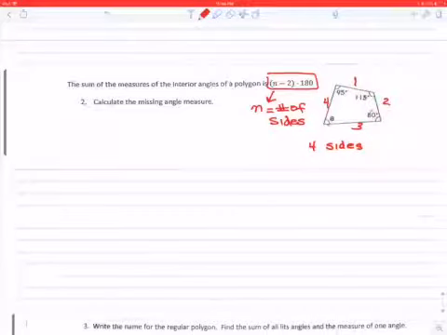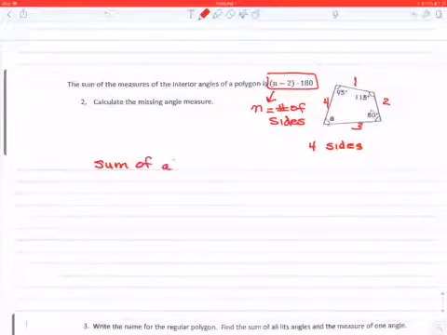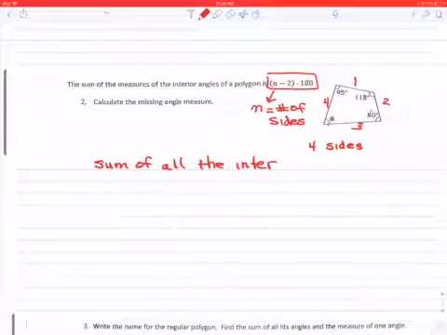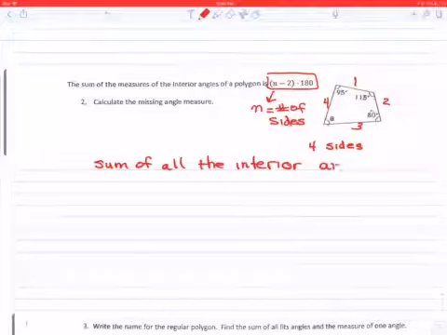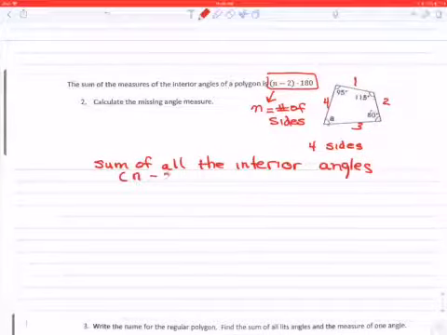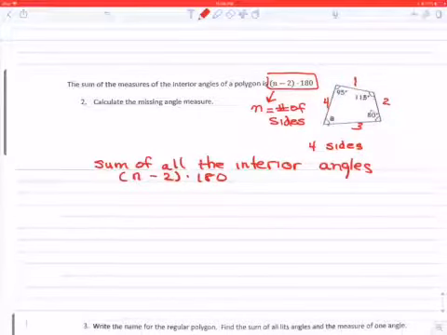So to find the sum of all the interior angles of that polygon, use the formula n minus 2 times 180, where n represents the number of sides.